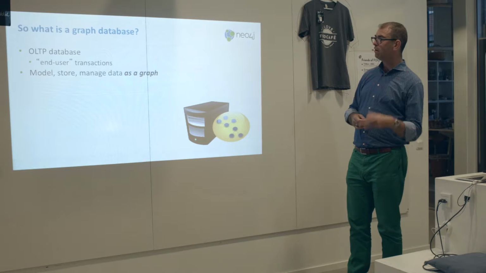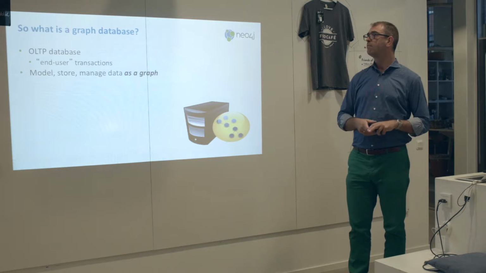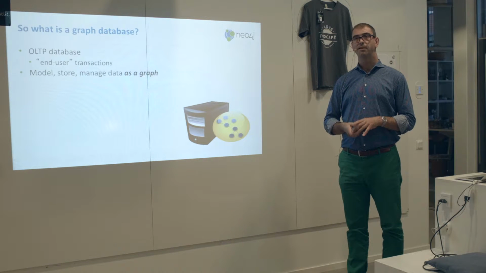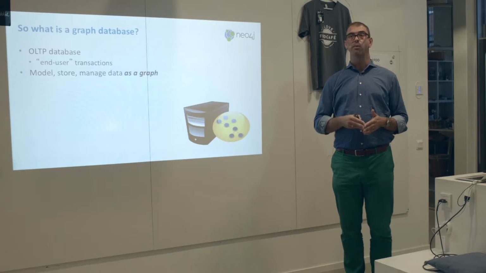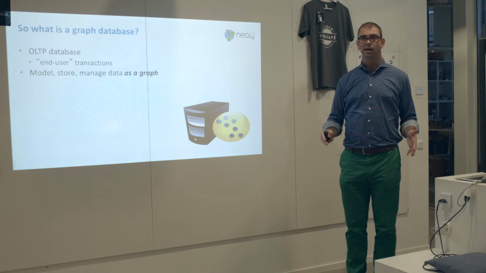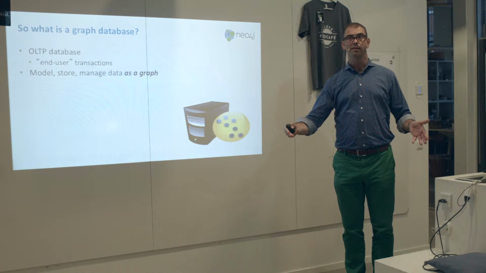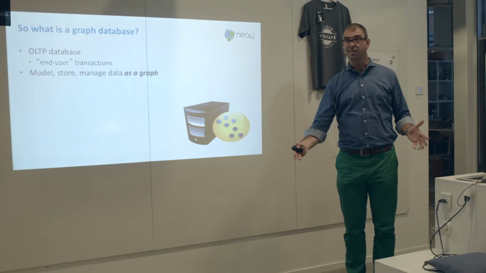So Neo4j is an implementation of such a graph database, right? It's an online transaction processing database, so it's something that you put between a web request and a web response, right? It's not an OLAP tool, which you put between dinner and breakfast, right?